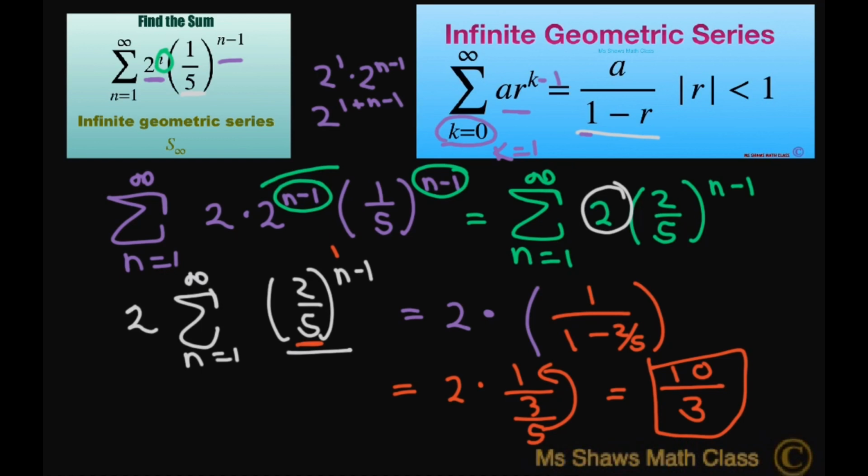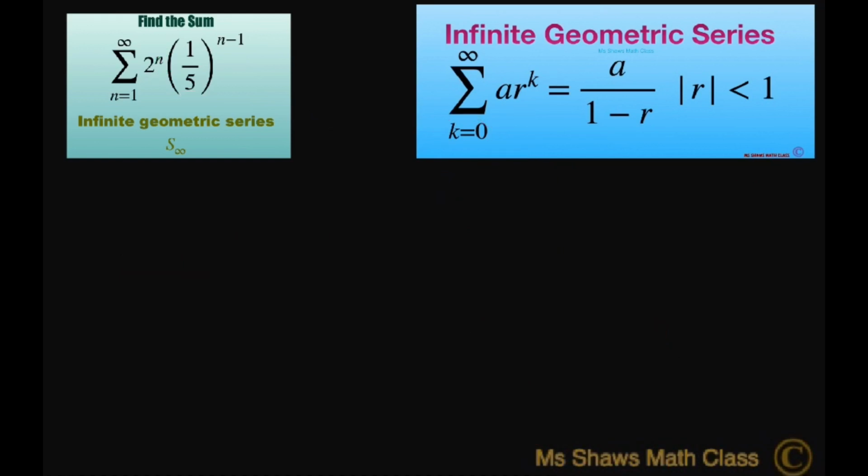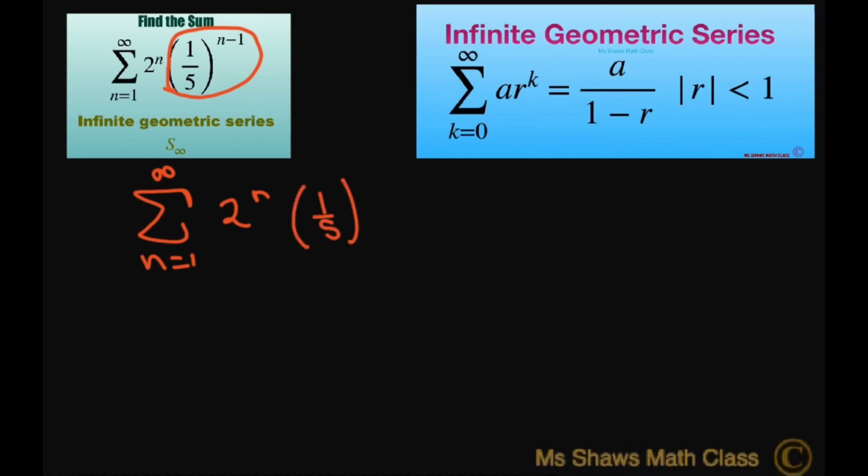Another way to do it to fix these n's is opposite way, kind of. We could write this as the sum from n equals 1 to infinity of 2 to the power of n, and then rewrite this one. And that would be 1/5 to the power of n times 1/5 to the power of negative 1.